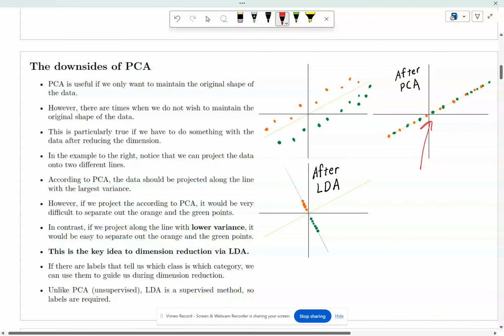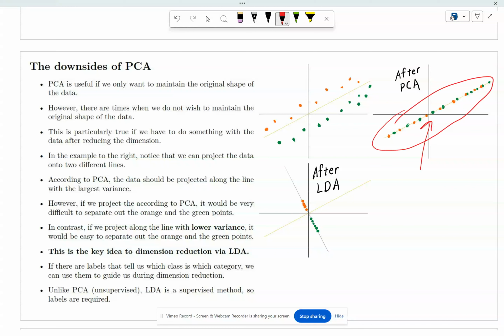We have an alternative goal, which in this particular case is to perform classification. You can tell it's very hard to separate out the orange and the green points after you do the projection, so in this case you don't want to do PCA. Ideally, you want to project the data to something that looks more like this.